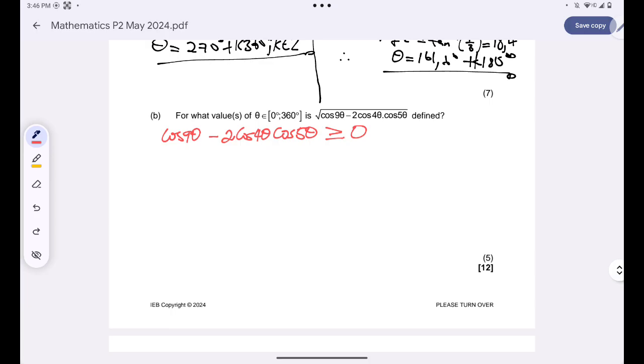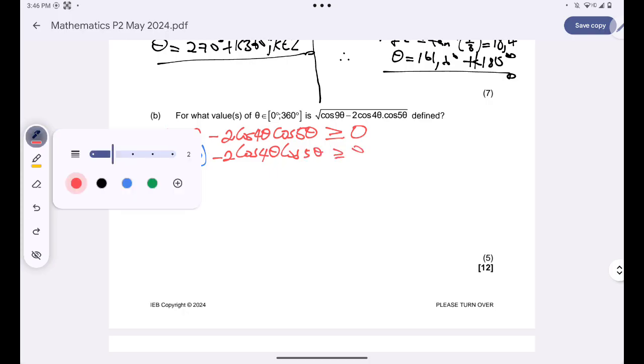They want us to find the values of theta that will make this entire thing greater or equal to 0, right? I have the cos of 9 theta there, which I can change to cos of 4 theta plus 5 theta, minus 2 cos 4 theta cos 5 theta, greater or equal to 0, right?